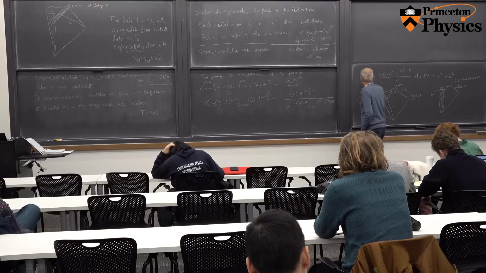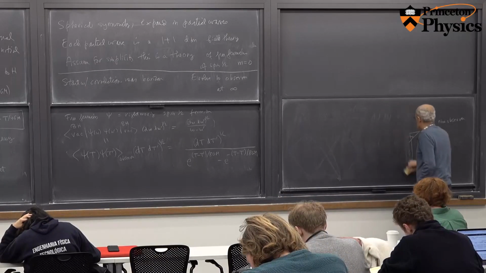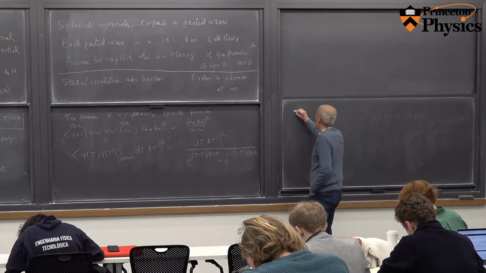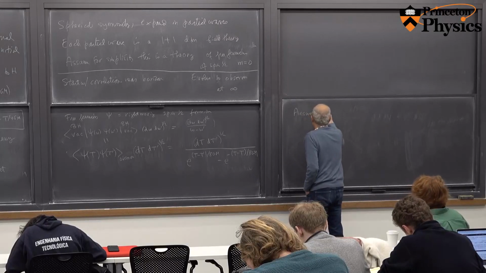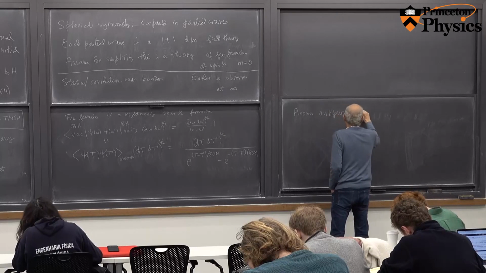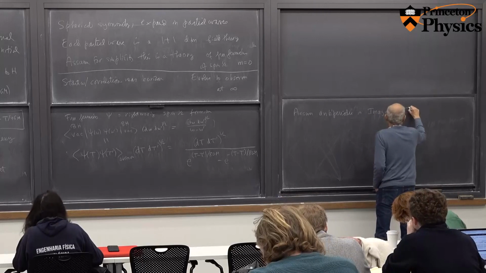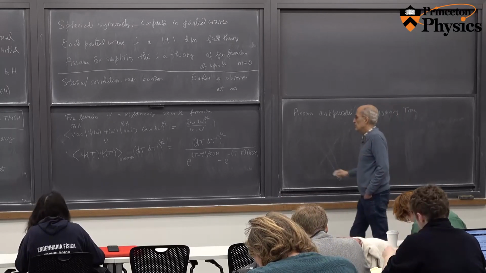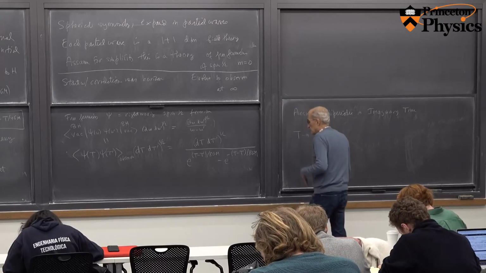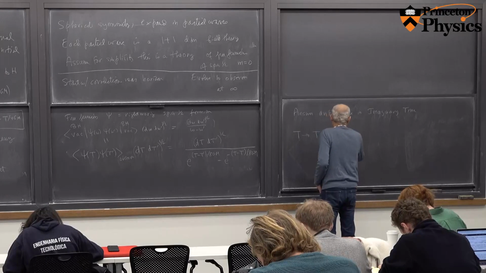And now we observe that the answer is anti-periodic in imaginary time. That is, it's antiperiodic under t going to t plus 2 pi i over 4gm, I think.